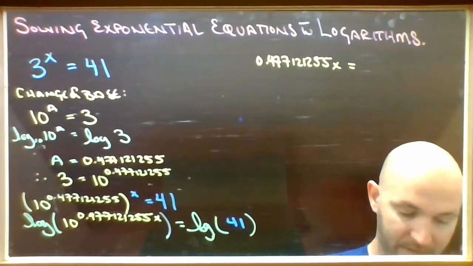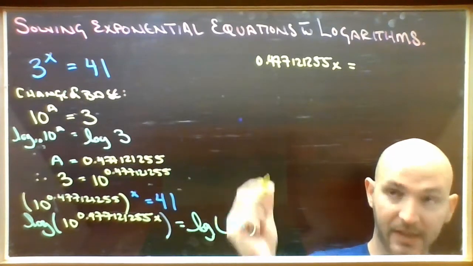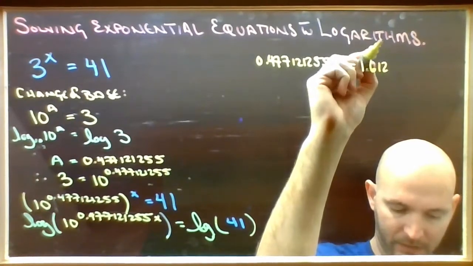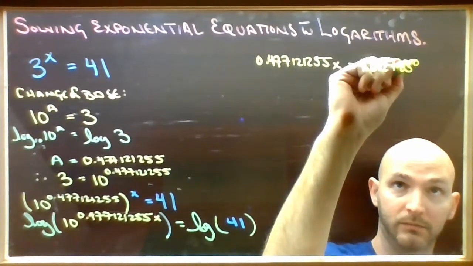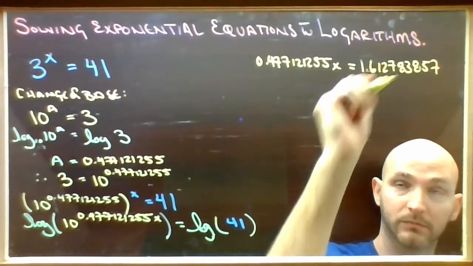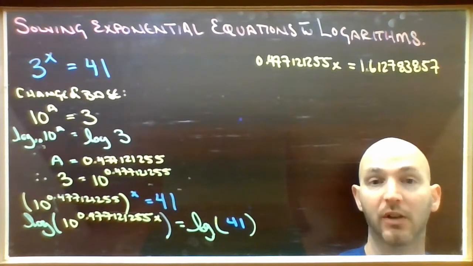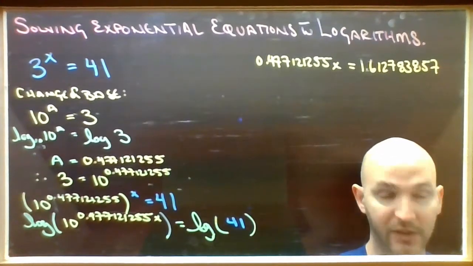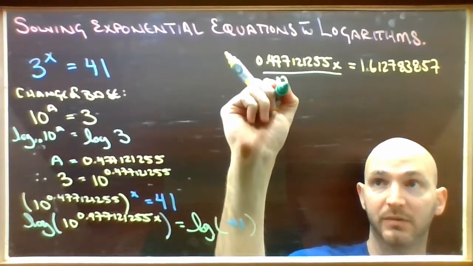Log base 10 of 41 is 1.612783857. There aren't any exponents left, and there aren't any logarithms left. I just have a number times x equals that. So I would finish that with normal algebra, divide both sides by this horrendous decimal.